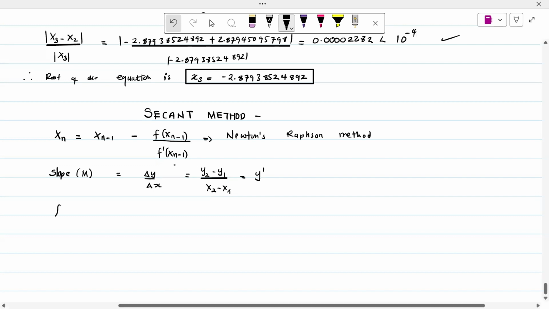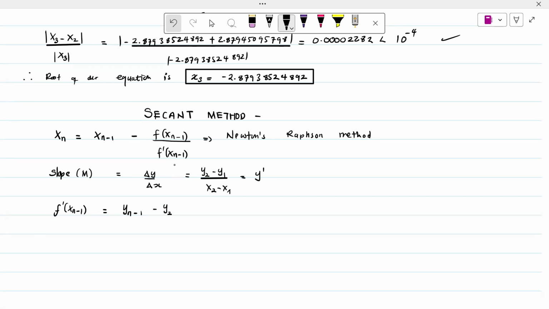So f prime at xn minus 1 now can be written as, okay, change in y, so this will be yn minus 1 minus yn minus 2, divided by xn minus 1 minus xn minus 2.